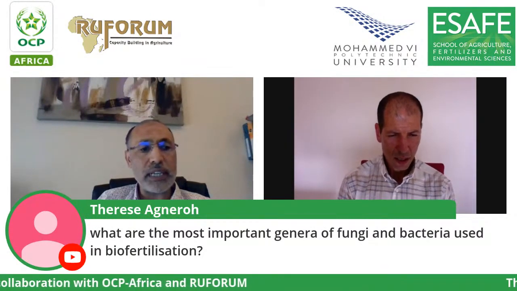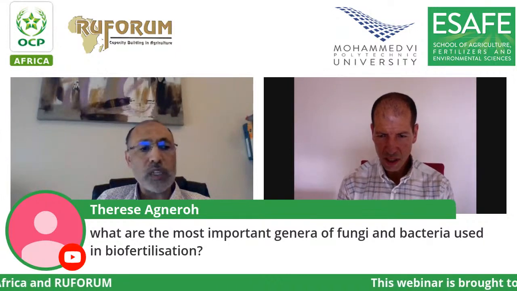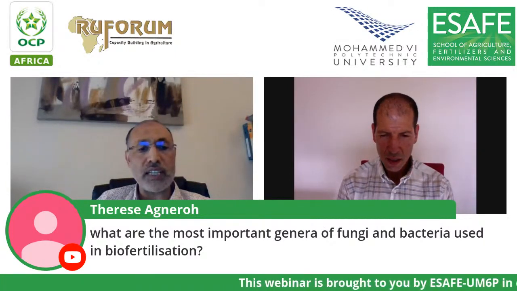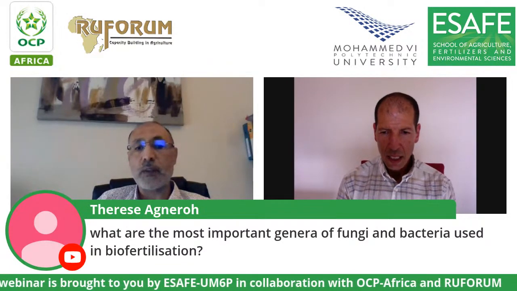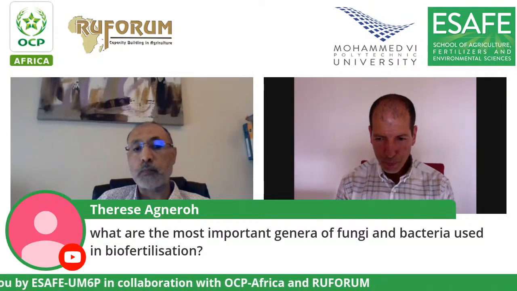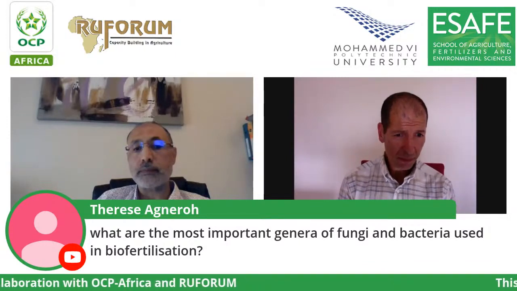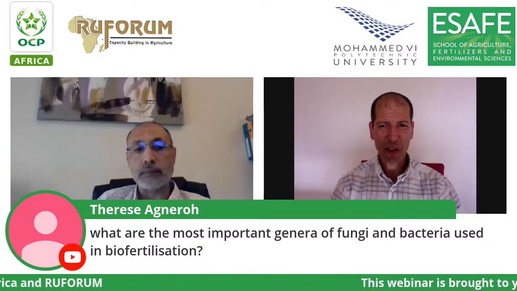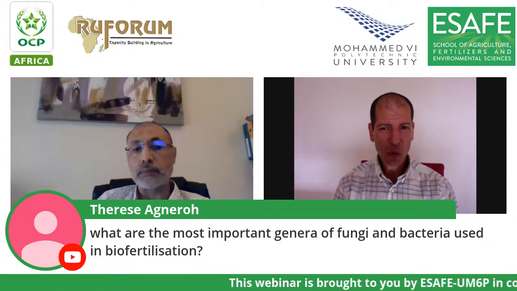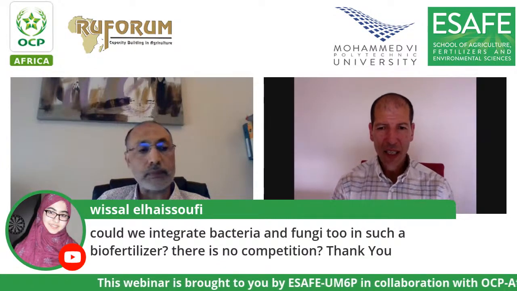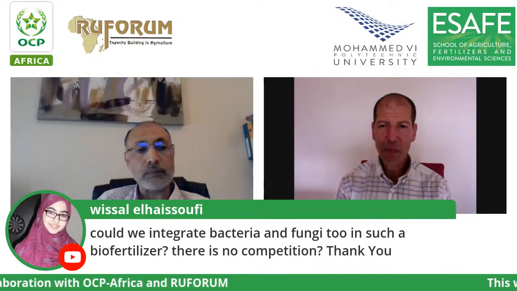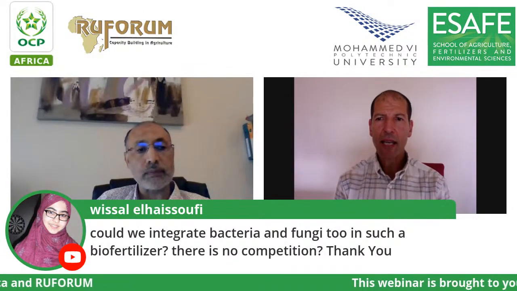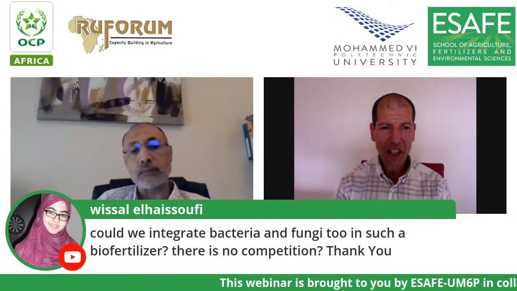What from Therese in Europe? What are the most important genera of fungi and bacteria used in biofertilization? Yes, bacteria are rhizobia. Rhizobia is a very heterogeneous group. It contains Rhizobium, Bradyrhizobium, and alpha proteobacteria. We have bacilli, a group of Bacillus, mostly used as biocontrol agents.